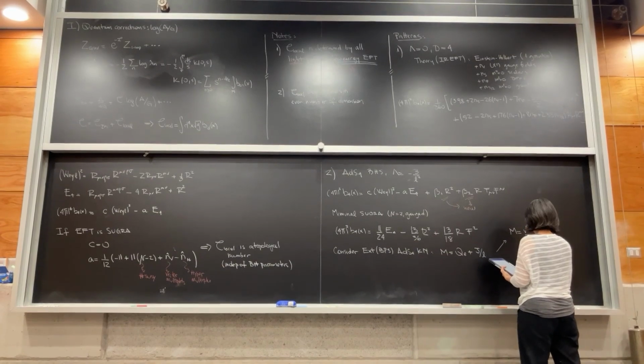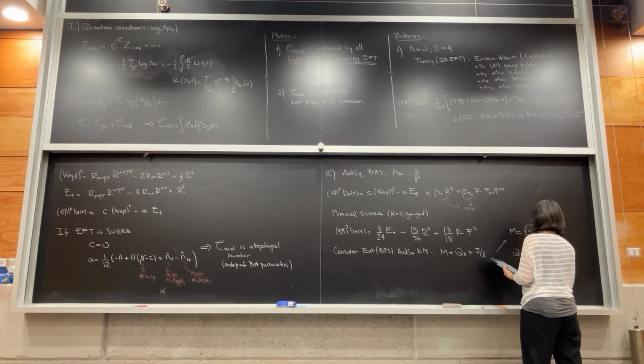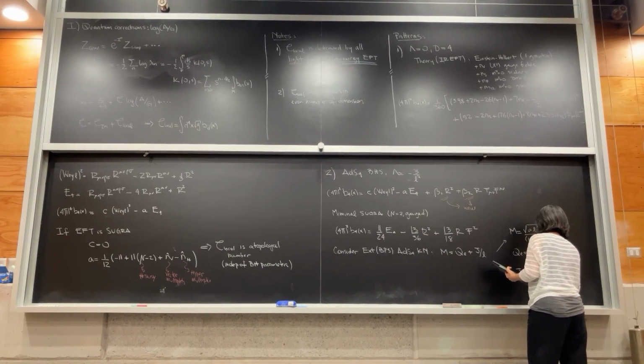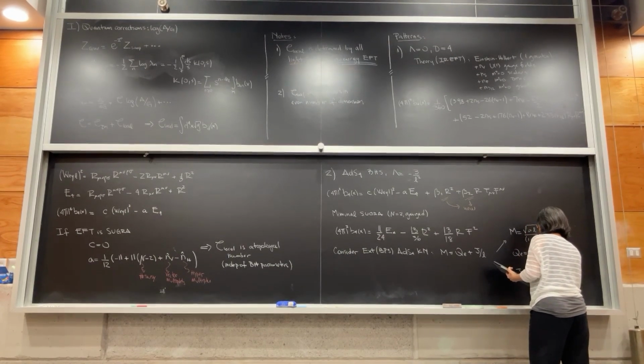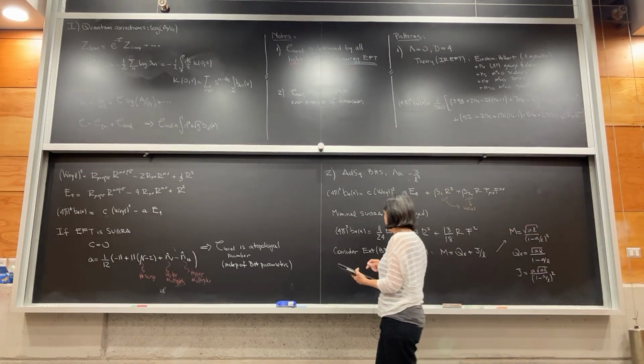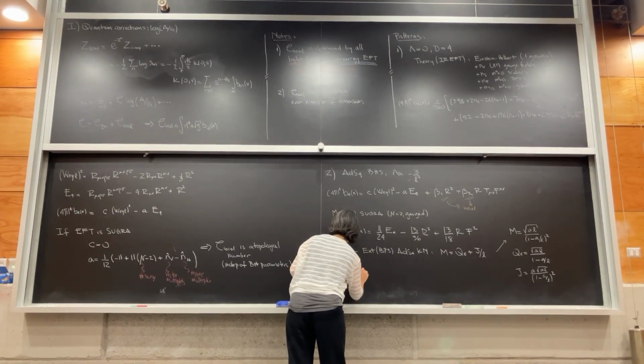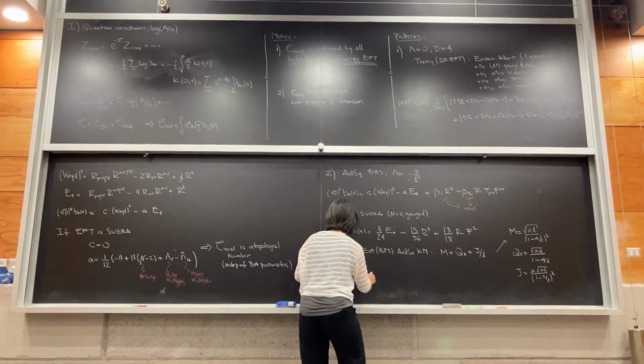I'm not going to write down the metric and all the properties, but in the final answer, we're going to express it in terms of that little a, and then you will compute C local in this theory.